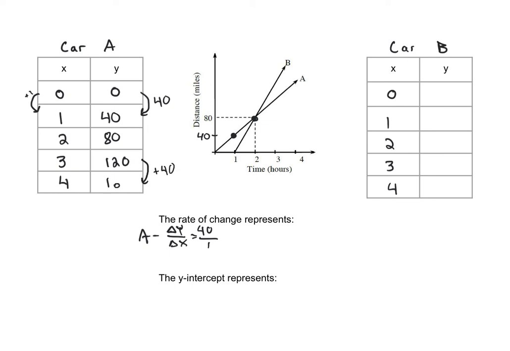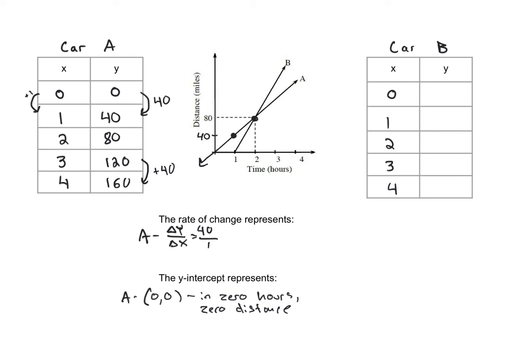Okay, so car A, there's that rate of change, and that y-intercept once again. For car A, the y-intercept is (0, 0), and this would be in 0 hours, they had gone 0 distance. And just for giggles, that represents a proportional relationship. So car A is proportional because it crosses through the origin and it's linear.